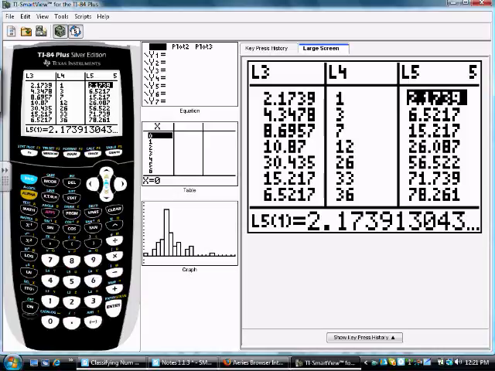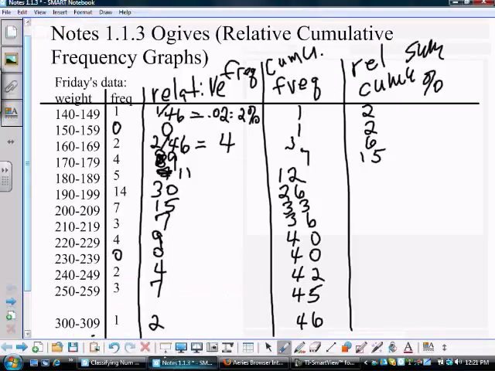Okay. So copy the numbers down. Or yell these out to me as I go back to my handwork.